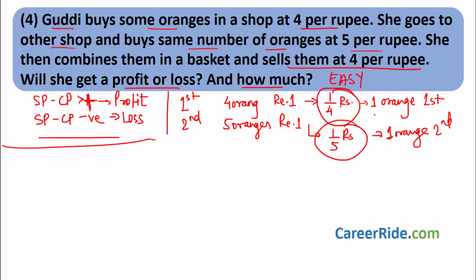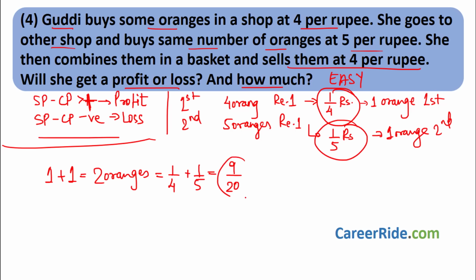Now what she did was combine all the oranges in the basket. Now if she takes 1 orange from the first shop and mixes it with 1 orange of the second shop, how many oranges do we get? 2 oranges. What will be the cost price for these 2 oranges? The first orange's price is 1 by 4, the second orange's price is 1 by 5. That would be 9 upon 20, right? So this is the price of 2 oranges.